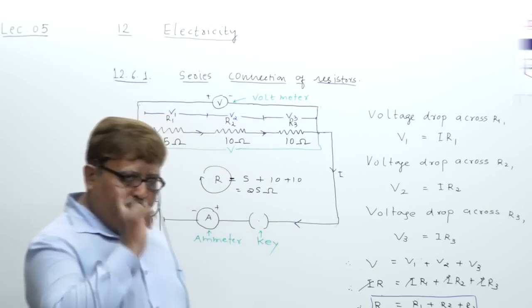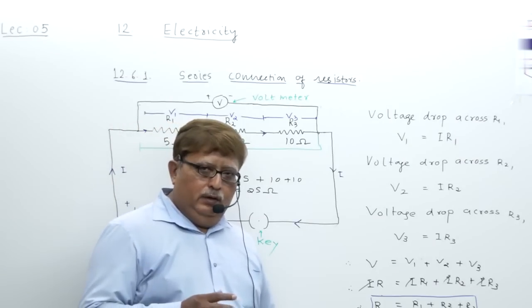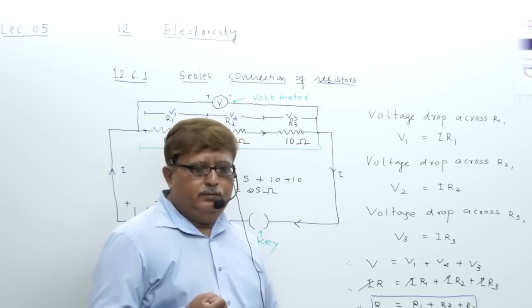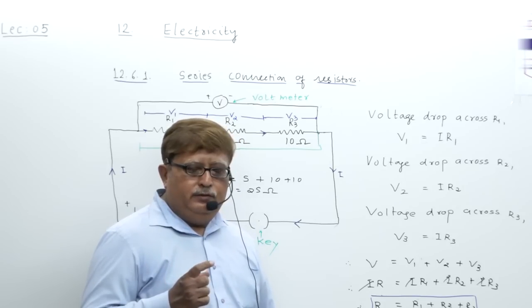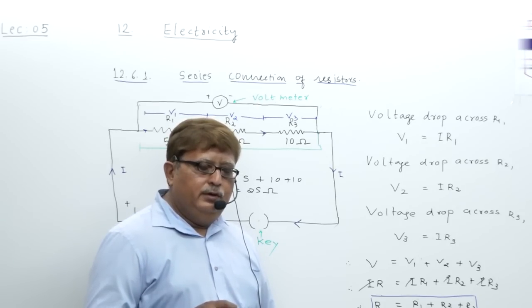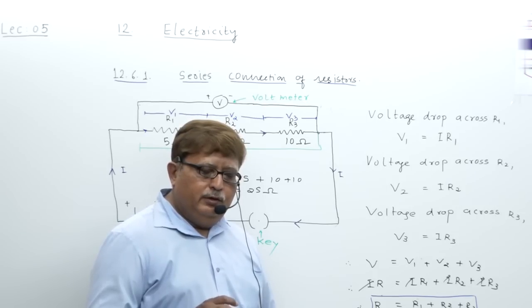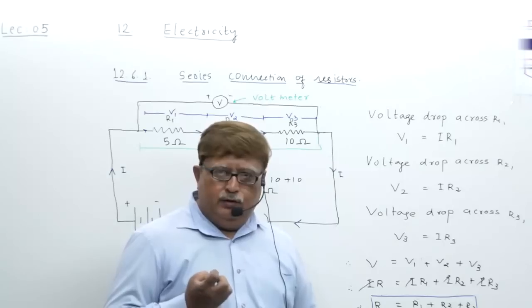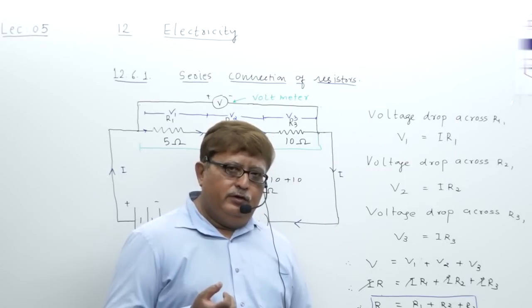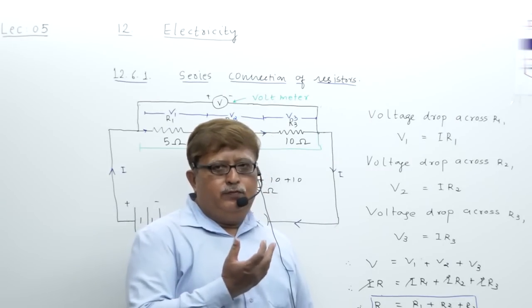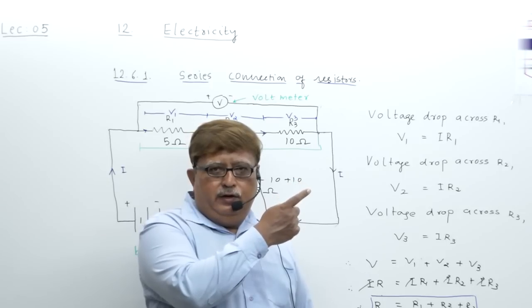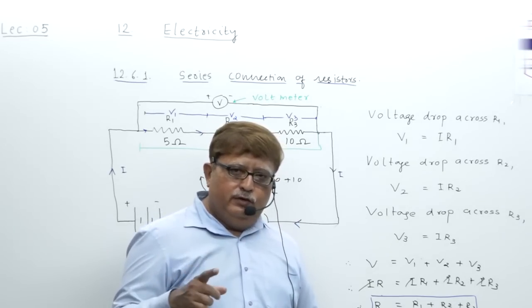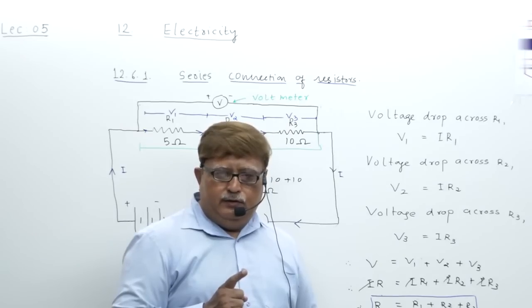Disadvantage, my dear student: first, if all devices are practically connected in series connection, then it will increase the overall resistance of the circuit in our home, which results in lots of effort by the electric current from the external circuit to flow in your home, which results in a high electricity bill.